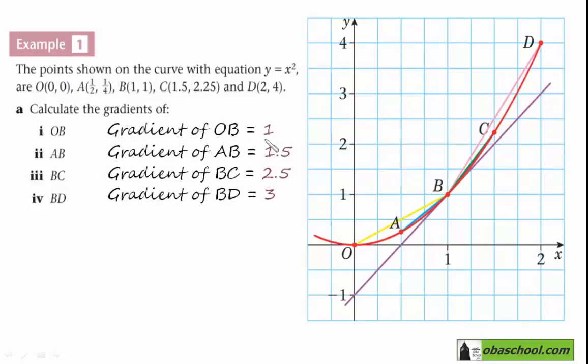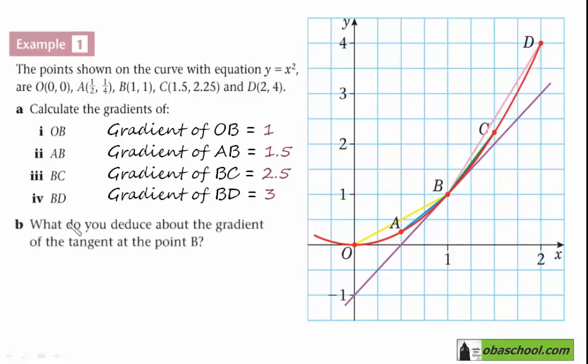Here we can see the gradients of all the chords: OB is 1, AB 1.5, BC 2.5, and BD 3. As we are going up on the curve, the gradient is getting larger.